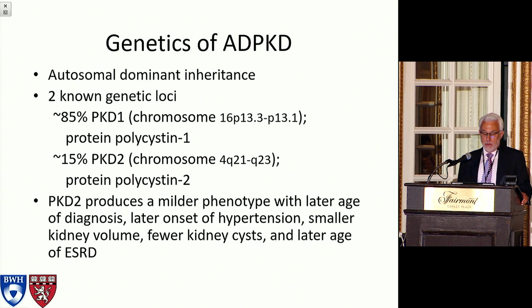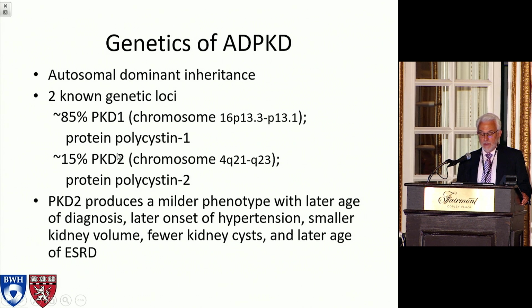The genetics are fairly well known. It's inherited in an autosomal dominant fashion. There are 2 known genetic loci. Most individuals inherit PKD1, which has been localized to chromosome 16. PKD1 encodes a protein called polycystin 1.